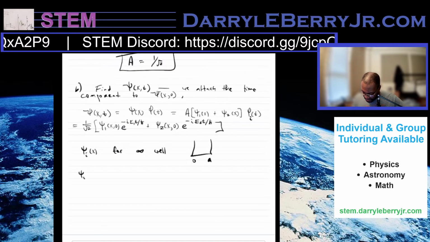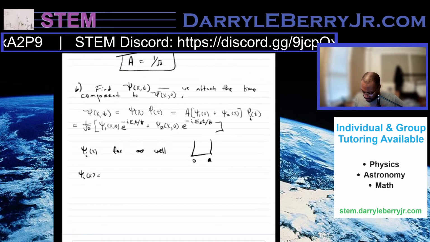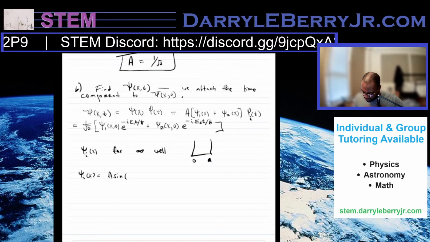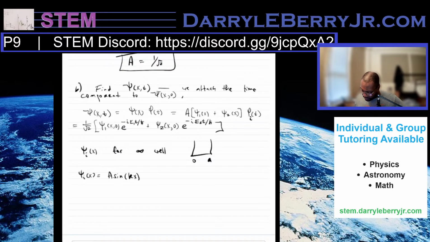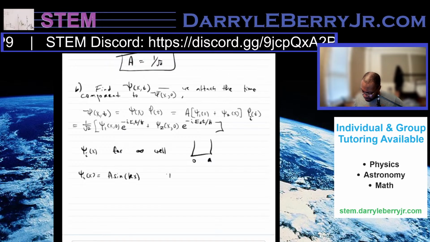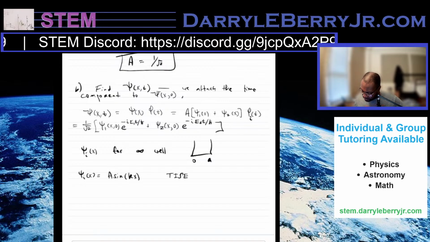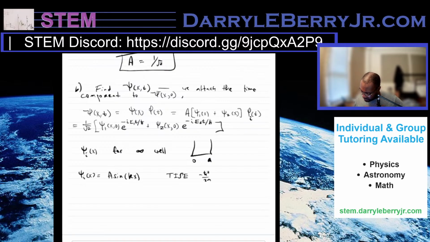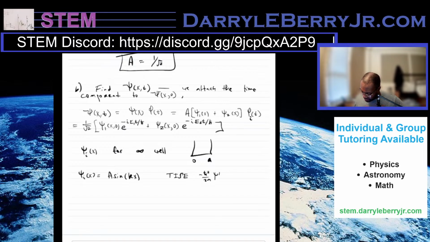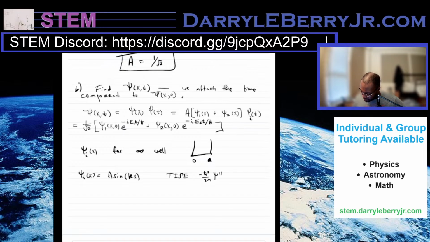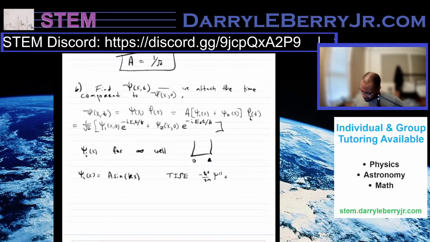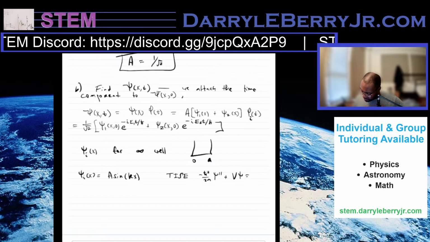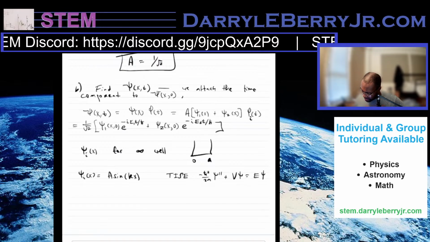So psi of x is going to be A sine kx, because it has to satisfy the time-independent Schrodinger equation, which is negative h bar squared over 2m psi double prime plus V psi is going to equal E psi.